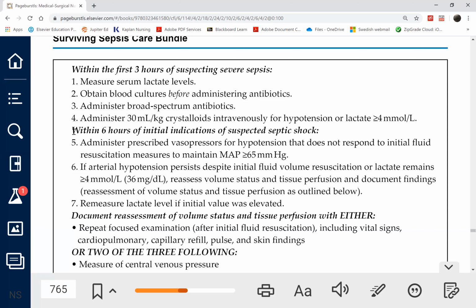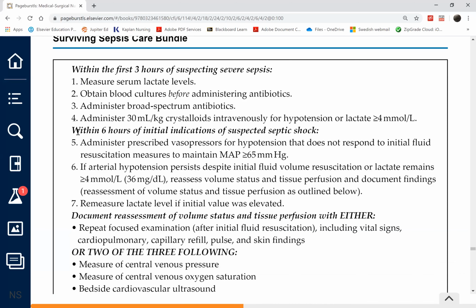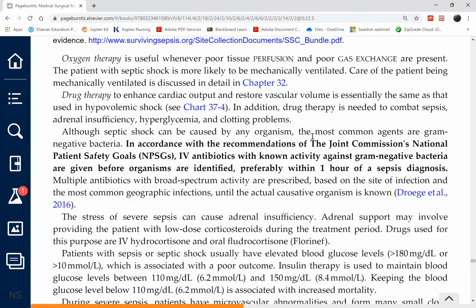It just says here within 6 hours, so it must be given within 6 hours. Don't wait. So this is a range: within 3 hours, and then this one within 6 hours. Of course, this one is the earlier stage, and this one is the severe stage. The patient's already in shock. And that's it for sepsis.